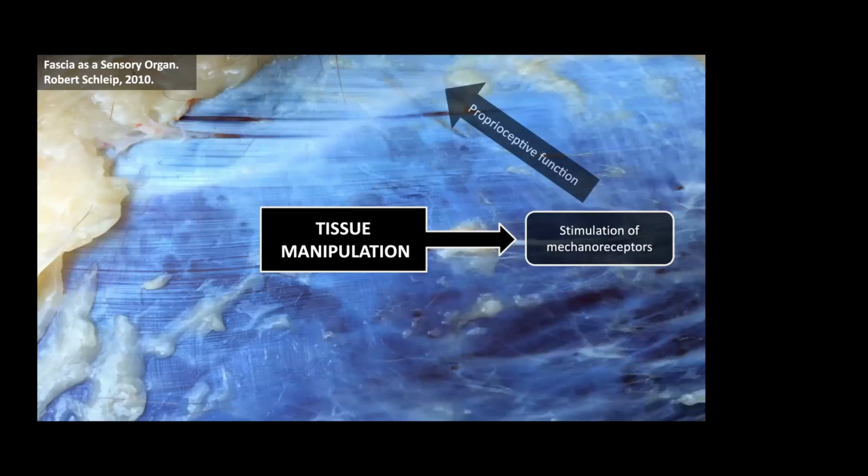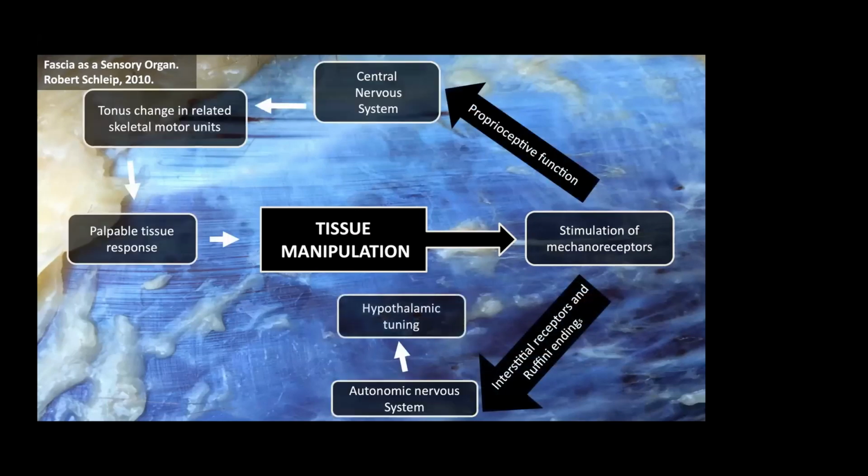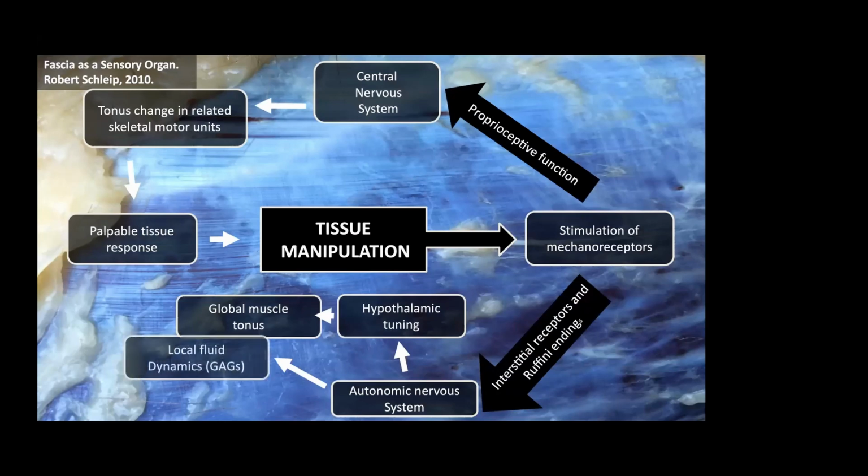With the stimulation of the receptors, we can have an effect on the central nervous system. Tonus is changing in the skeletal motor units, and then we have the palpable tissue response. And the same is happening in every receptor.